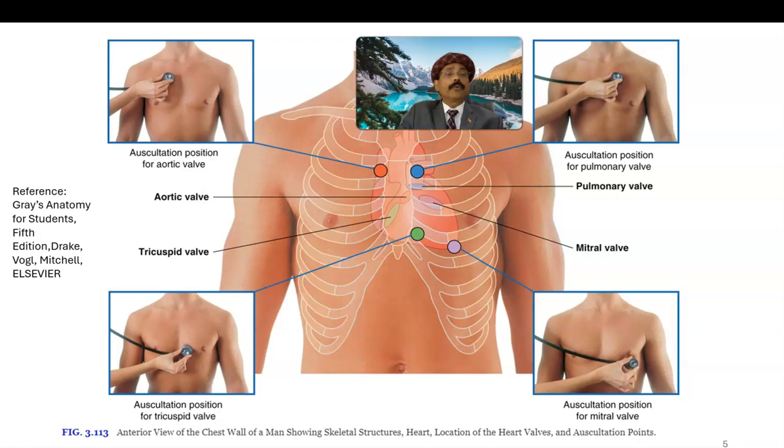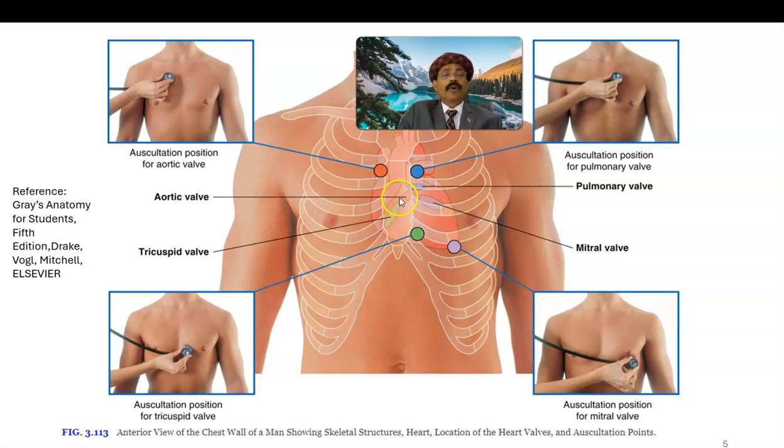Here we are seeing that the auscultatory positions are a little different from the exact valve positions. We are looking at the anterior view of the chest wall of a man showing skeletal structure, location of heart valves and auscultation points. Mitral valve closure causes the first heart sound; we put the stethoscope here and get the best sound along the downstream.